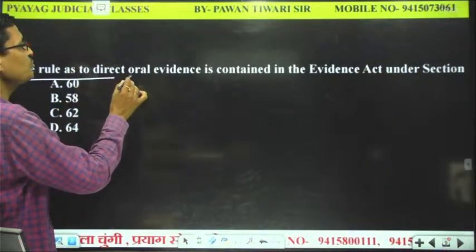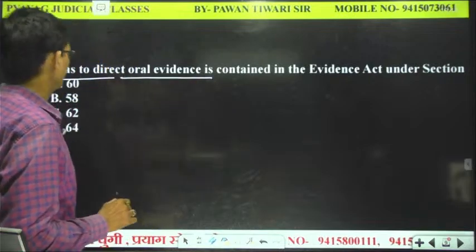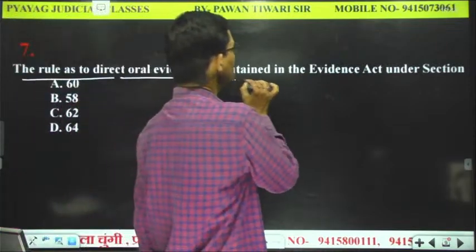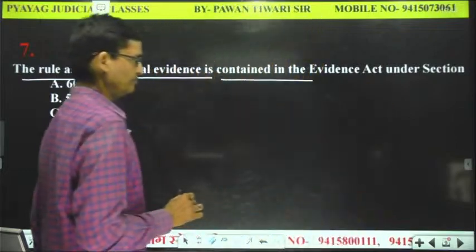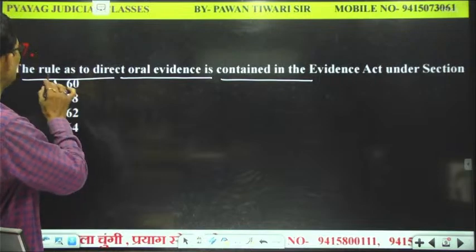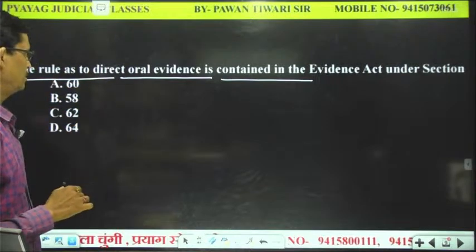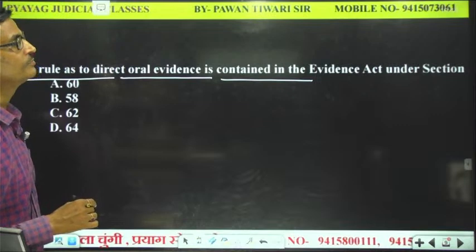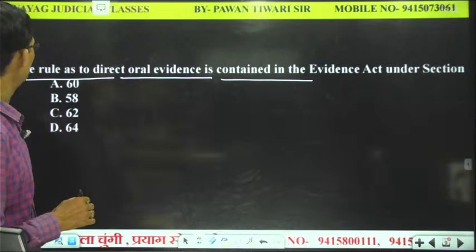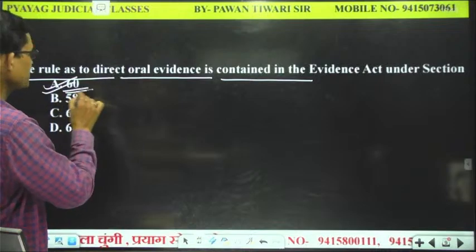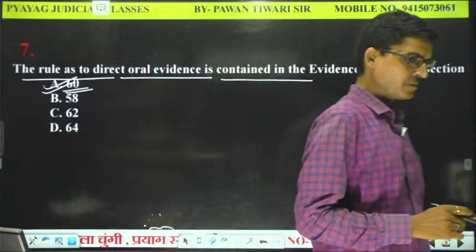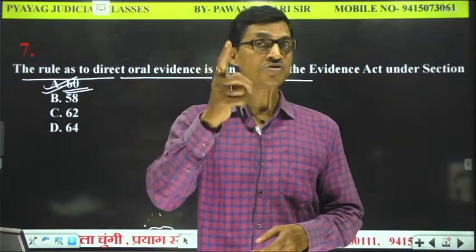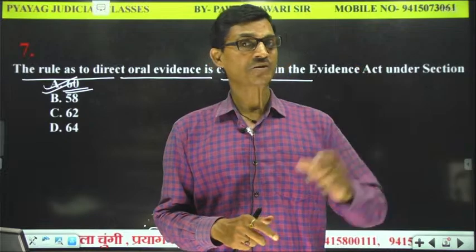The rule as to direct oral evidence is contained in the Evidence Act, under section 60. Section 60 says that whatever oral evidences are produced, that must be direct.